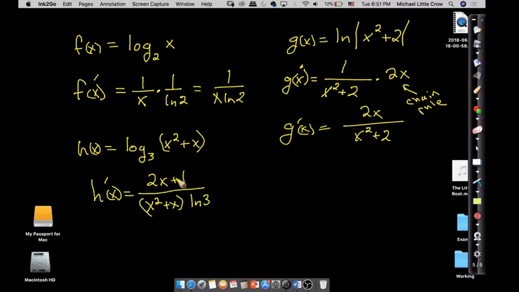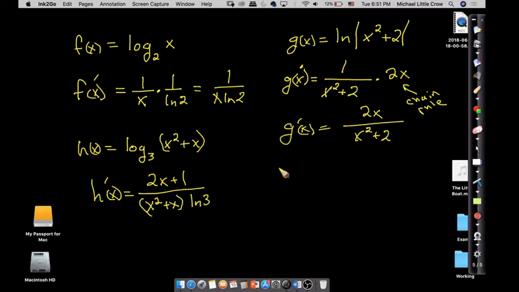And that's it. The top part is the derivative of the inside. The bottom part is just because it was in a log, that's what happens, that goes down there, and this natural log of 3 comes from, it's a correcting factor for the base. This is the chain rule? It's the chain rule, yes, because it's the derivative of the outside of the function times the derivative of the inside of the function.